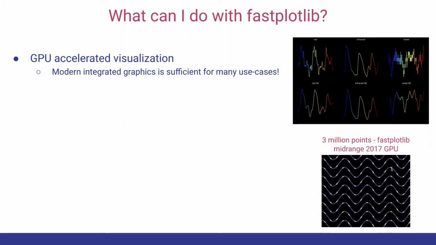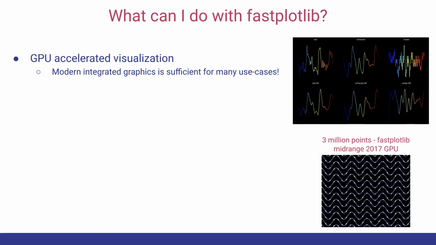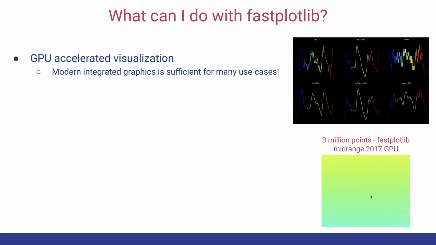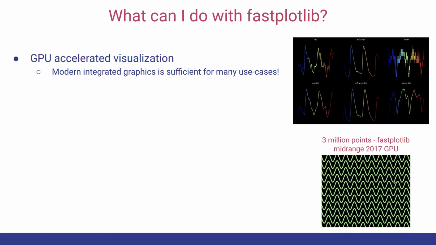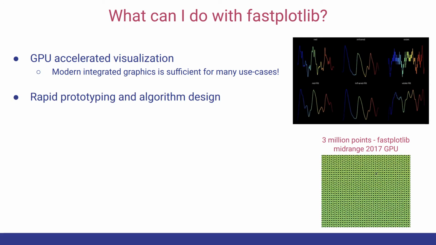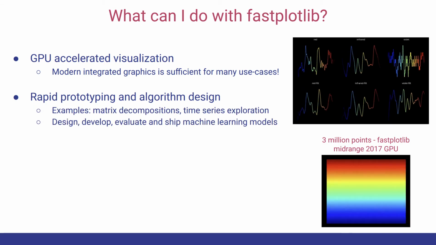And what you're seeing is 3 million points, 10,000 lines, I think. And it's very performant. And then in the top right is actually streaming data that someone's reading off of a biological device. And so it's great for rapid prototyping and algorithm design, which Kushal has been doing a lot of work with for his PhD.